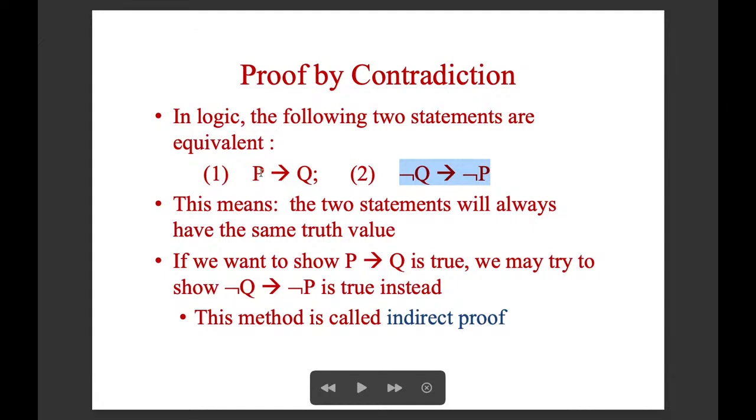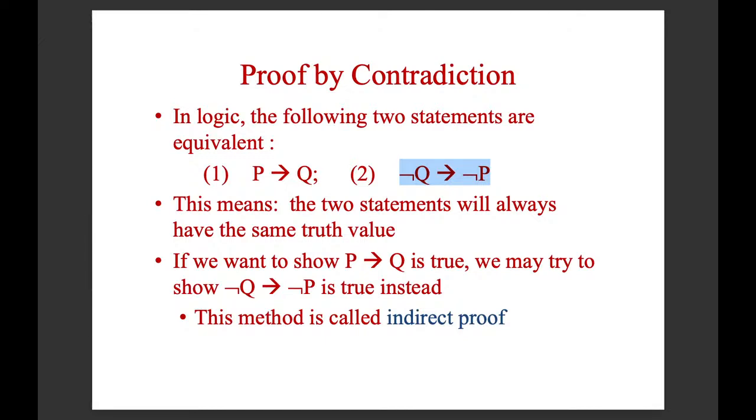And so in a lot of mathematical arguments, we will be proving statements in the form of P implies Q. For instance, if n squared is an even number and n is an integer, then n is even.